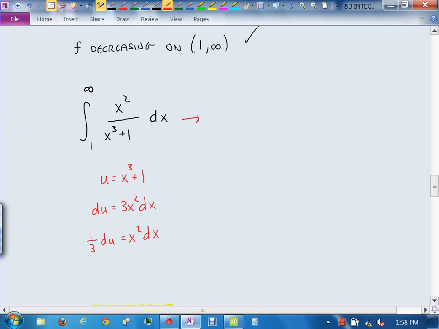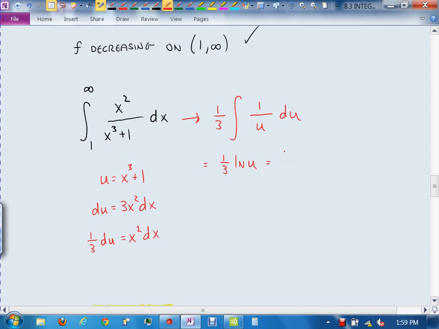This integral now turns into 1/3 comes out, integral of 1 over u du. And the antiderivative of 1 over u is natural log u. So you get 1/3 natural log u plus a constant, right? But I don't care about plus a constant because this is going to be a definite integral. I'm going to be plugging values in later.